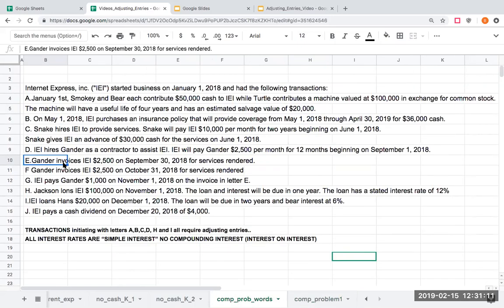Why am I doing that? When they invoice me, I haven't really paid anything yet. They're invoicing us $2,500 on September 30th for services rendered. I haven't paid them. And this relates to the contract up here in letter D.